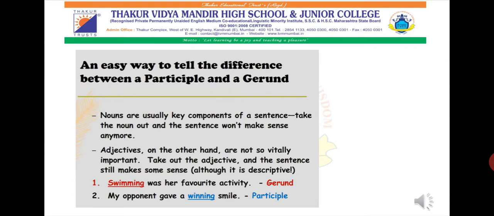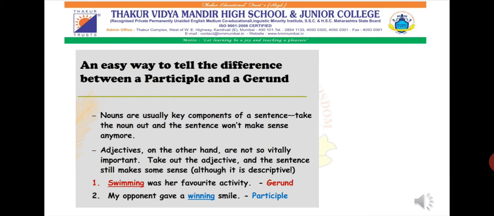Now, we'll move to our next example. My opponent gave a winning smile. Now, in this sentence, first check whether there is any continuous action taking place. Yes, there is an action taking place. Someone gave a winning smile. Someone gave a smile. Some action is taking place.